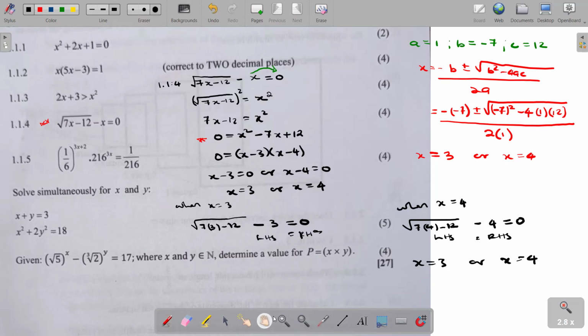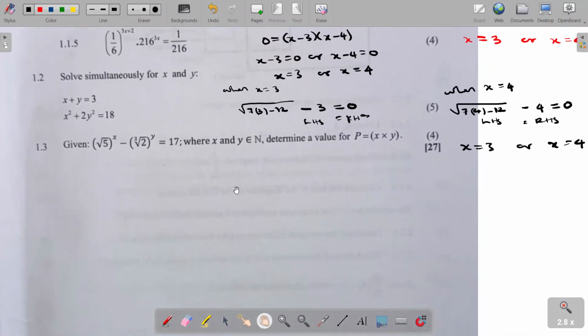Then we go to the next question, 1.1.5. It says 1 over 6 to the power 3x plus 2 multiplied by 6 to the power 3x is equal to 1 over 216.